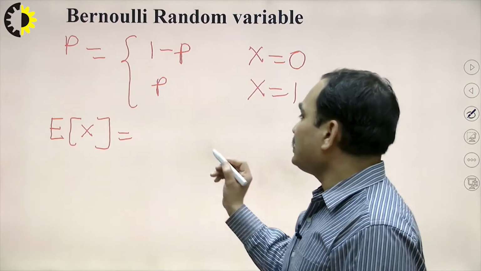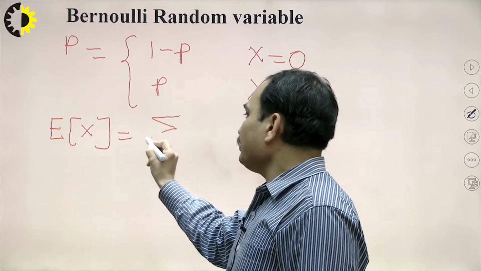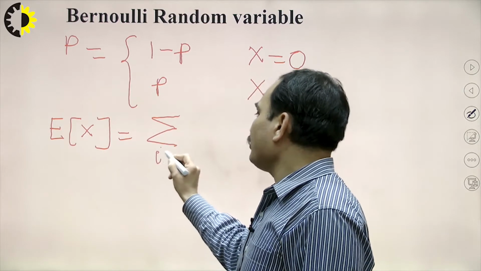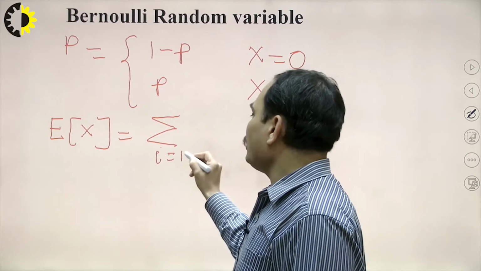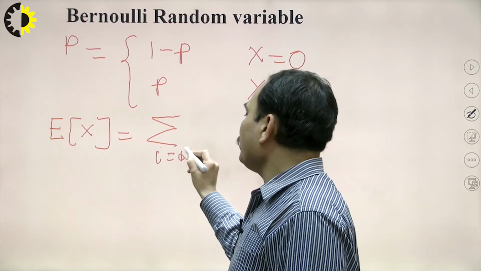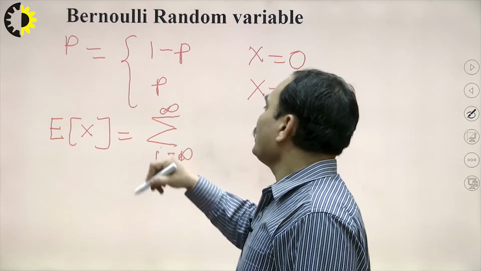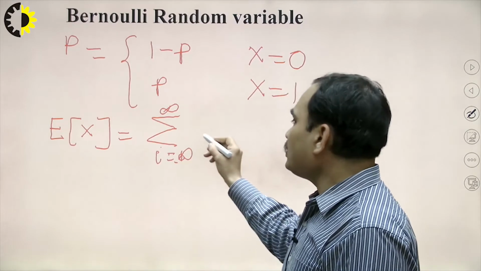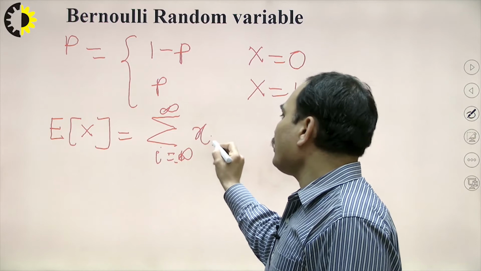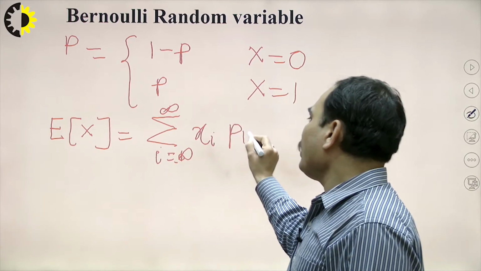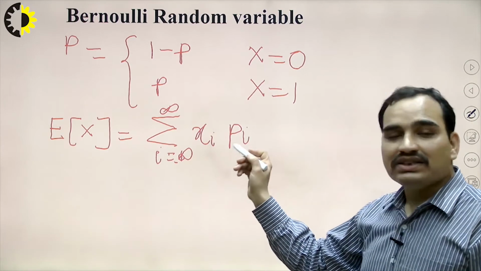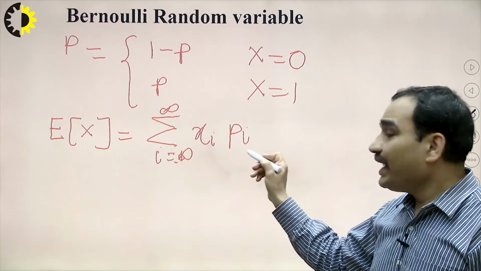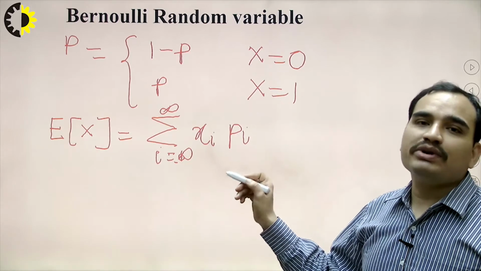It is the summation over i from minus infinity to plus infinity, and since it's discrete, you have to consider all the values: x of i times p of i, where x is the value of the random variable and p i is the probability for that particular value.